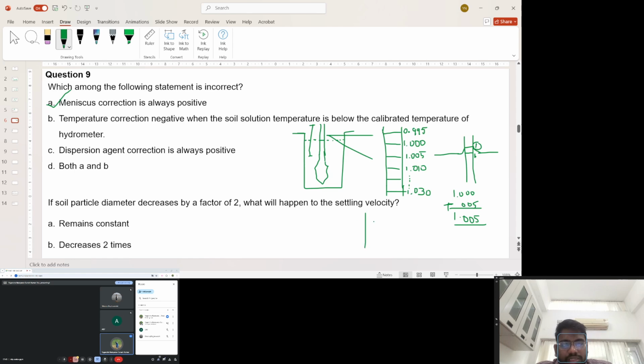The entire hydrometer is calibrated at a particular temperature. Let this be the water level at the calibrated temperature. Now let it be 30 degrees.